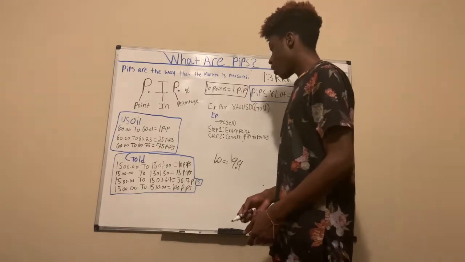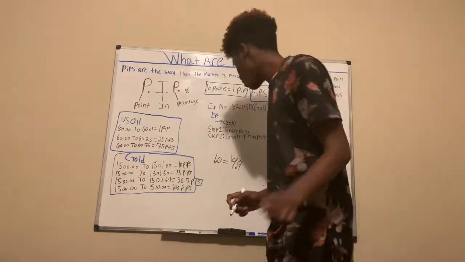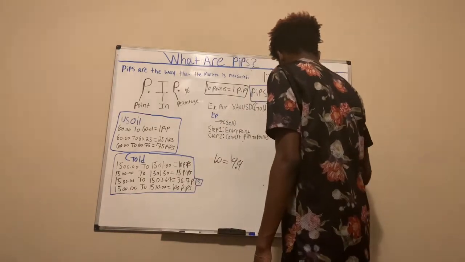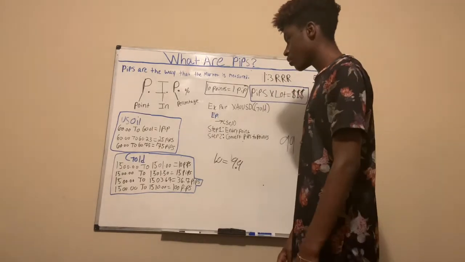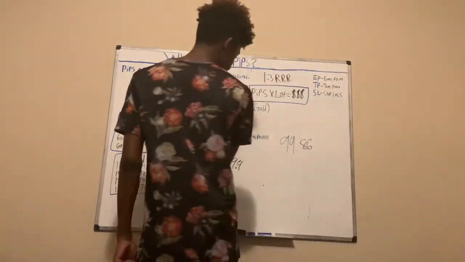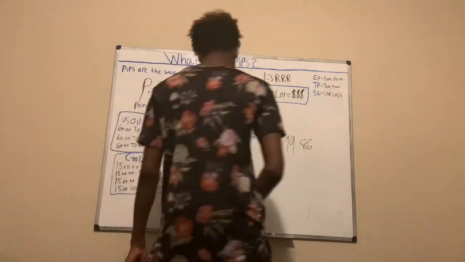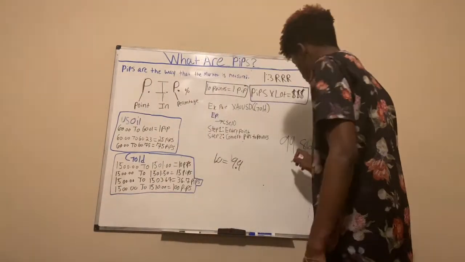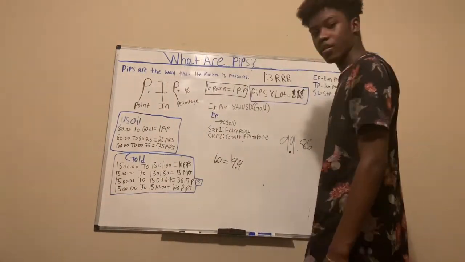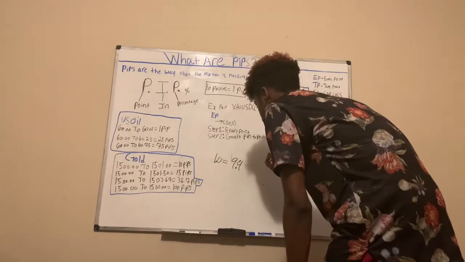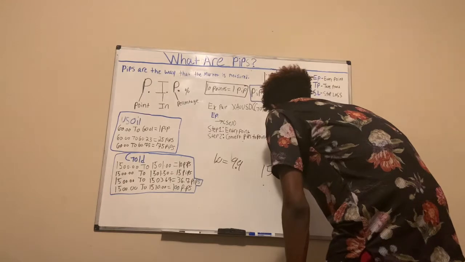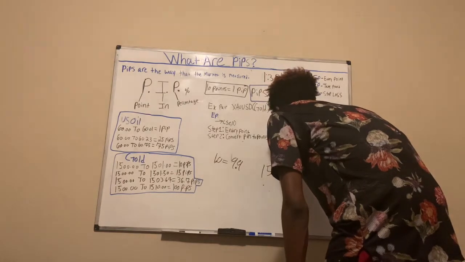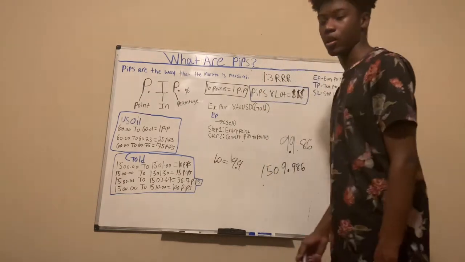Oh, J-Dub, what if it's 99.86? When you put that stop loss or take profit, it should always be a decimal behind the first number. So it's gonna be 9.986.